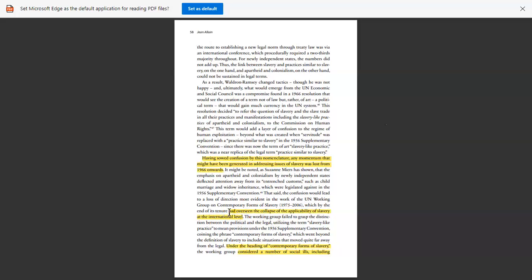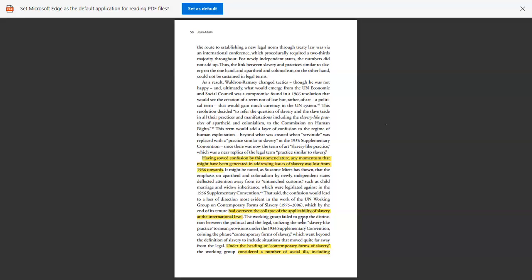Here it even says within a 2006 conference of a UN working group, the United Nations working group, that at the international level, slavery and upholding such understanding through confusion in the nomenclature has basically collapsed.